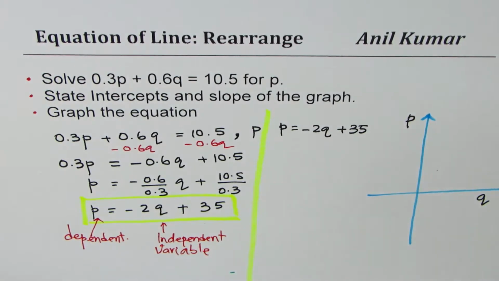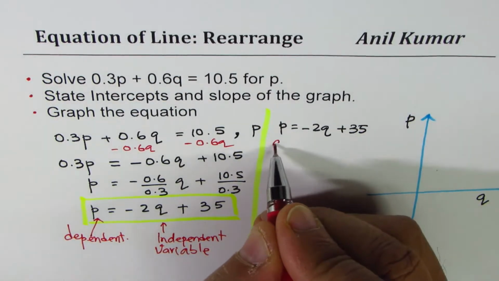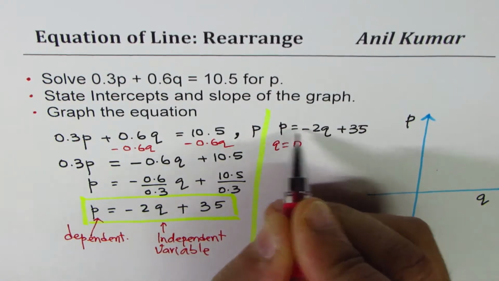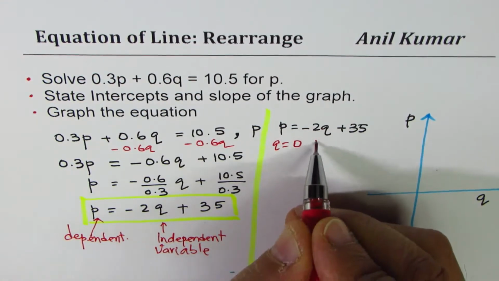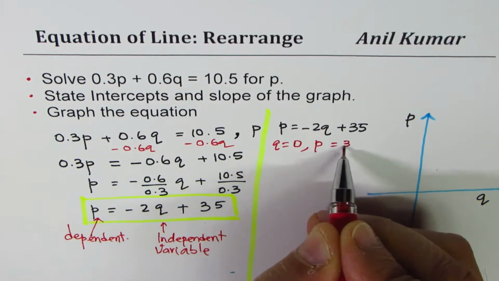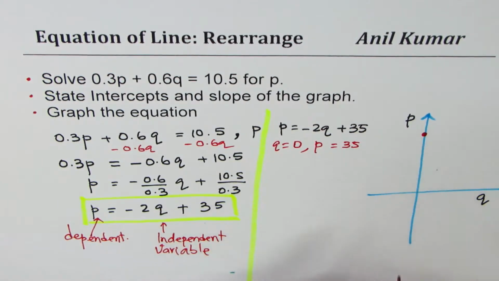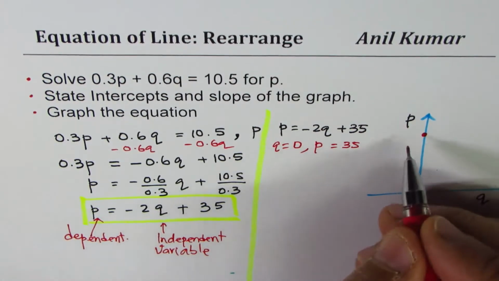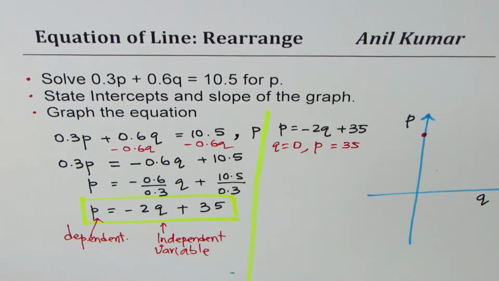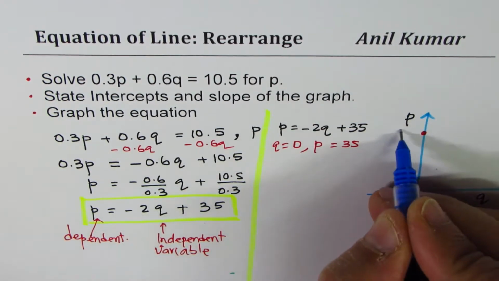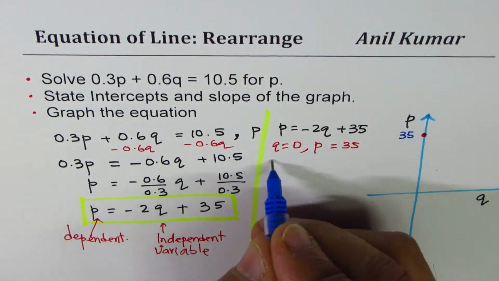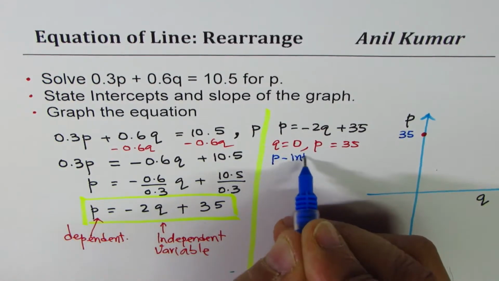Now here, if q equals 0, what is p? p will be equal to 35. And this is called the p-intercept in this case. Let me say this point here is 35.